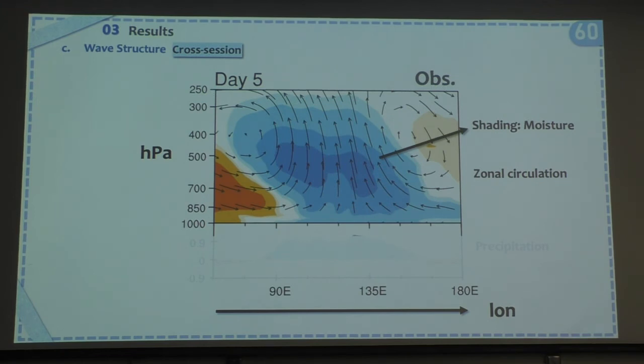The cross-section figure means the y-axis is pressure or height, and the x-axis is longitude. The shading shows the moisture anomaly, and there is the zonal circulation. I also provide a precipitation anomaly so you can compare with the moisture and convection.